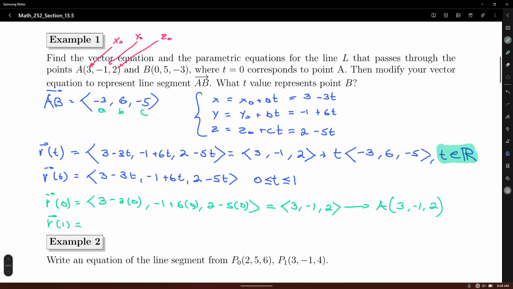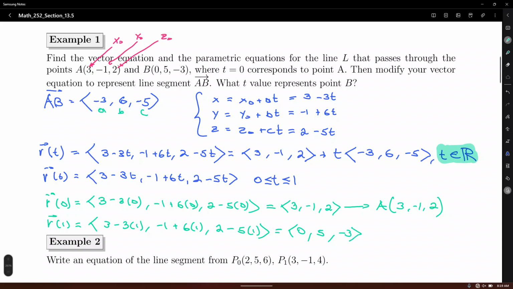What about r of 1? Evaluate this at 1: 3 minus 3 times 1, -1 plus 6 times 1, 2 minus 5 times 1. What is that going to give us? 3 minus 3 is 0, 6 minus 1 equals 5, and 2 minus 5 equals -3.